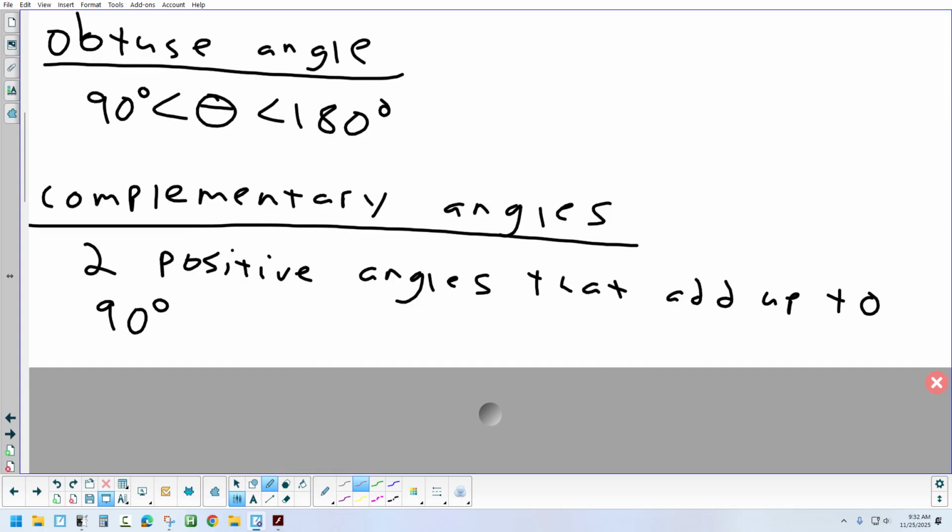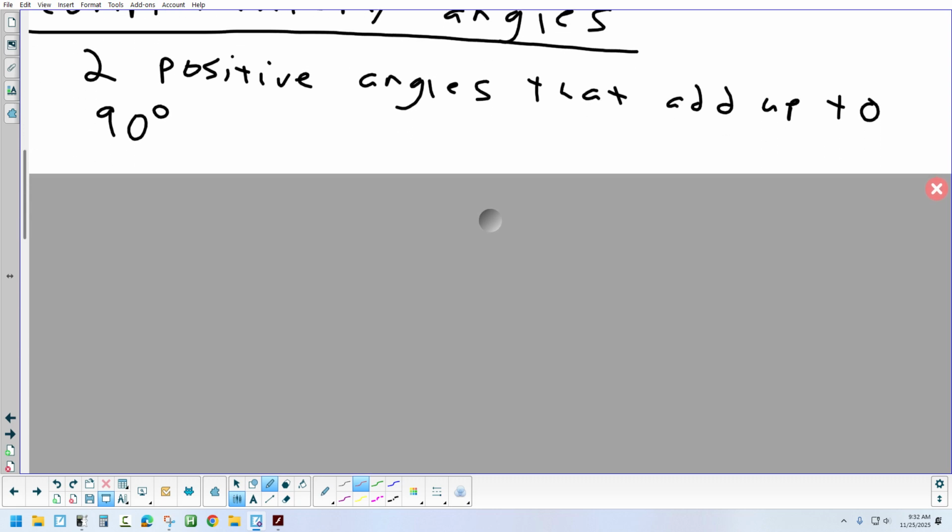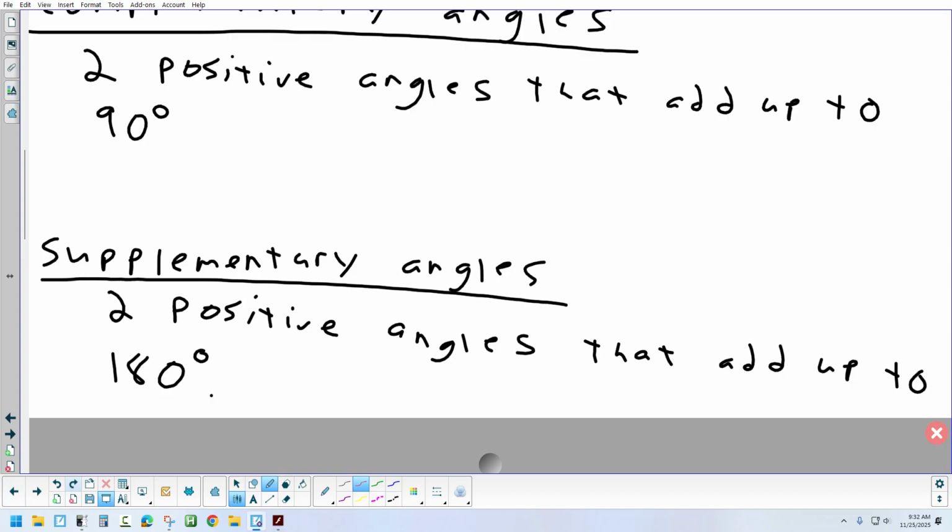What's the other kind of angle pair relationship that you usually study when you talk about complementary? Supplementary. And what's that? They add up to 180. Anything else you want to say with that? They have to be positive. Again, if you had like 200 degrees and -20 degrees, those do add up to 180, but they're not supplementary.